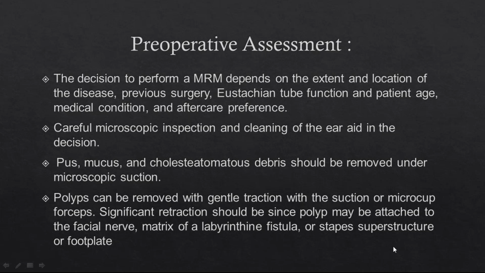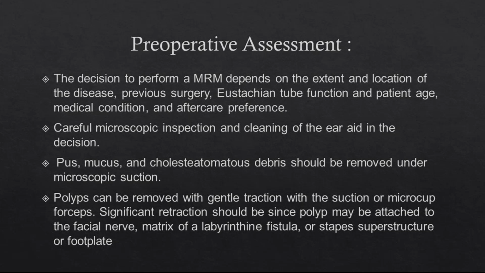And then the stapes superstructure or footplate. Here it is the same thing: if it is attached to the stapes superstructure or footplate and you try to pull it out forcibly, then the whole footplate area comes out and the perilymph comes out of the inner ear into the middle ear, thereby causing an almost dead ear.